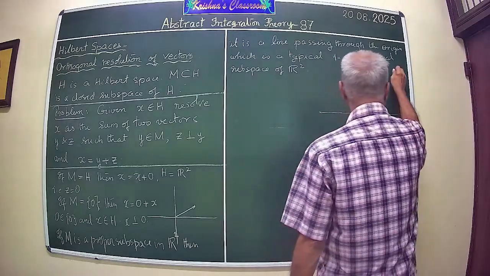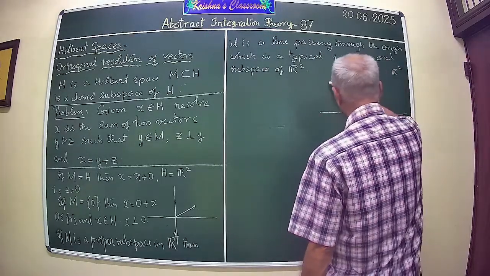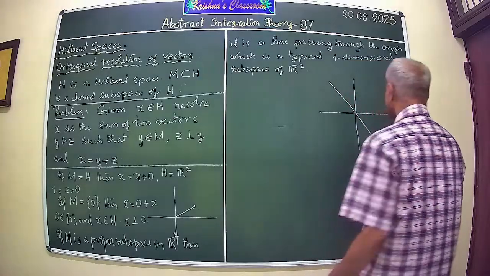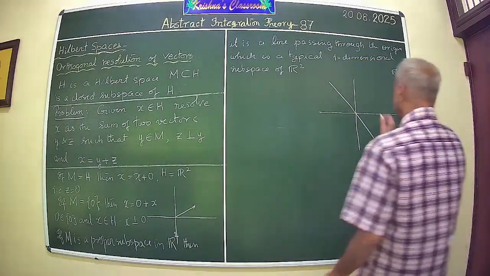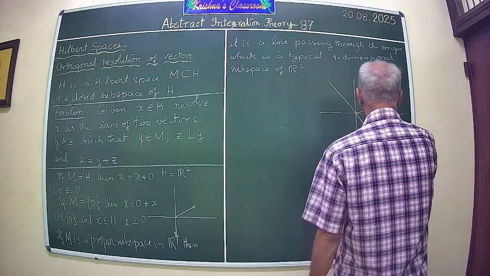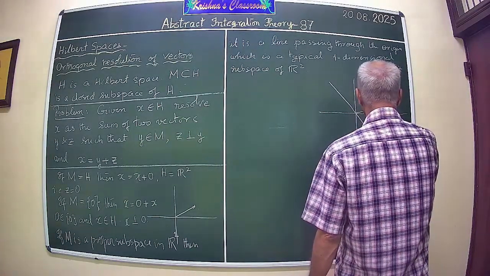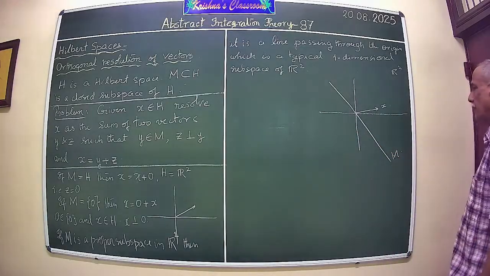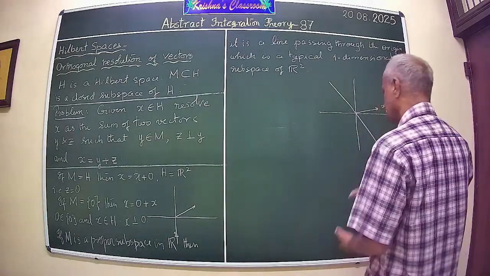This is R². You have a subspace which is a line, and we are given a vector which we have to resolve into a vector in M and a vector orthogonal to it.